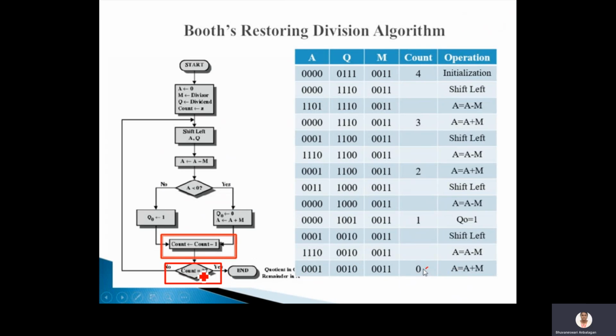Again it will check here, count is equal to 0. Yes, the count is 0. It is true. So what will happen? The value of my quotient is available in register Q, and the value of the remainder is going to be available in register A. Okay.